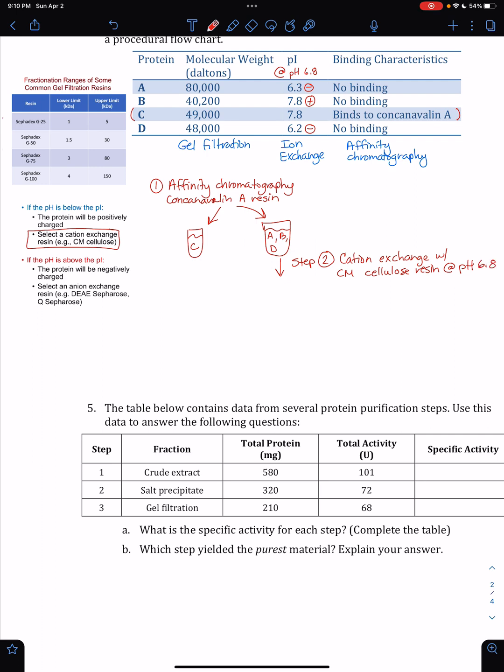So what is that going to do? That will mean that my B will stick to the column and be eluted. And what will pass through and not bind to the column will be A and D.